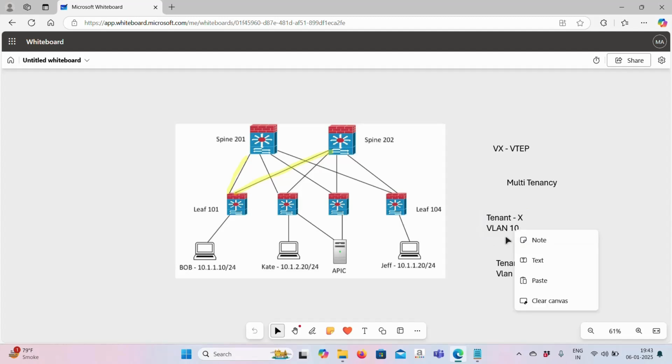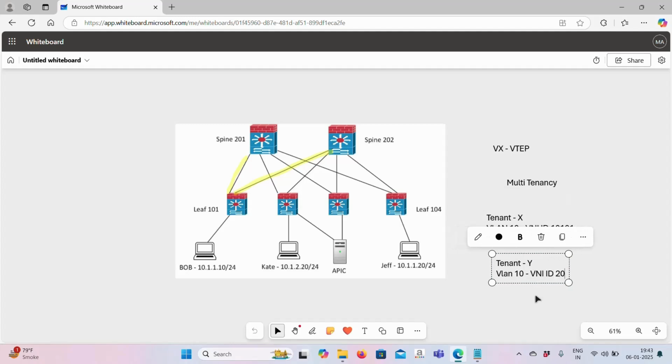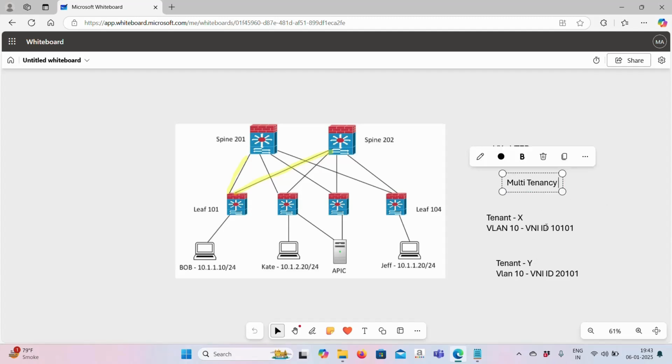VXLAN will add a VNI ID. For example, VXLAN will add a VNI ID of 10101 to this tenant X VLAN 10, and it will add a VNI ID of 2101 to the tenant Y VLAN 10. So that's the advantage of VXLAN.